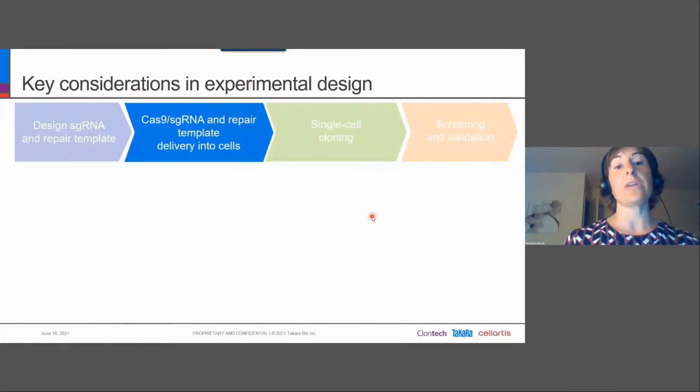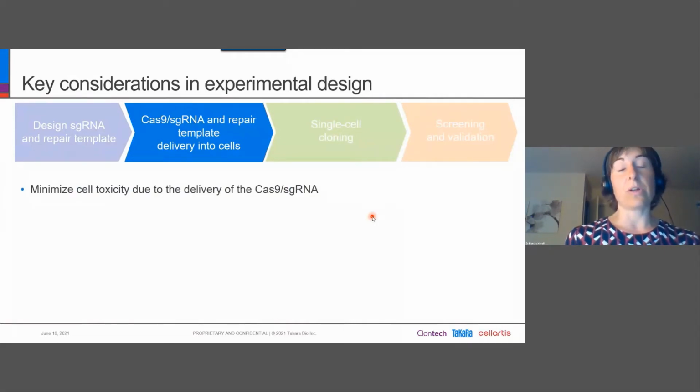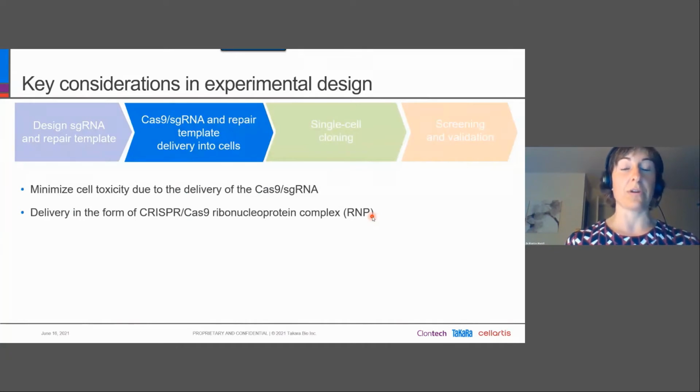When you are moving towards the introduction of the Cas9, the guide RNA and the repair template into cells, one of the key points is to minimize the cell toxicity due to the delivery of this complex. And one of the best practices is doing it in the form of the RNP complex, meaning the Cas9 protein already complexed with the guide RNA. This has the lowest toxicity in cells.